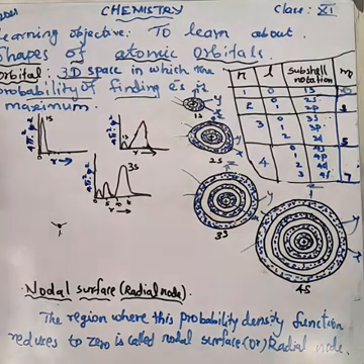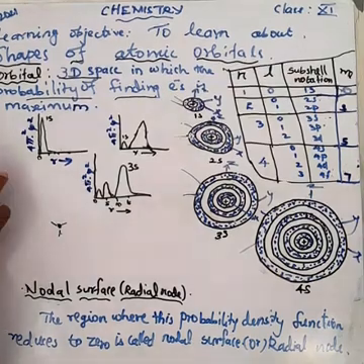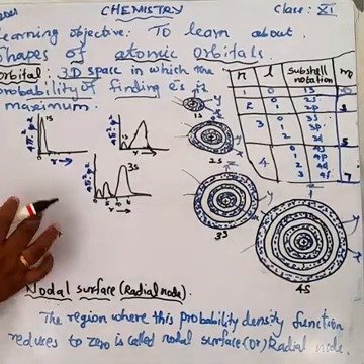Based on the Heisenberg uncertainty principle and the dual nature of the electron, the new quantum mechanical model was developed by Erwin Schrödinger. Who developed the new quantum mechanical model? It was developed by Erwin Schrödinger.